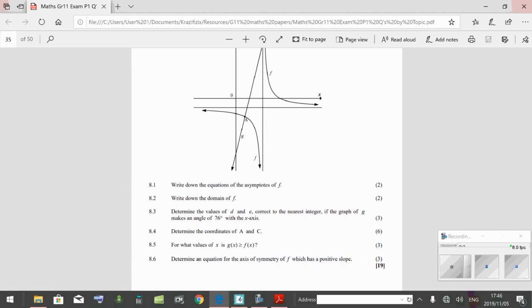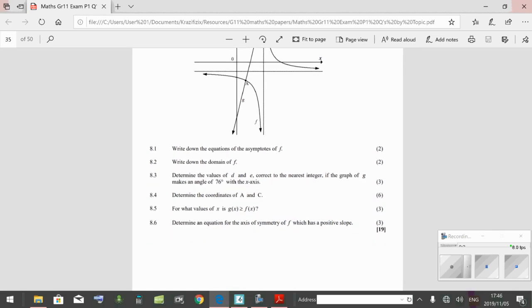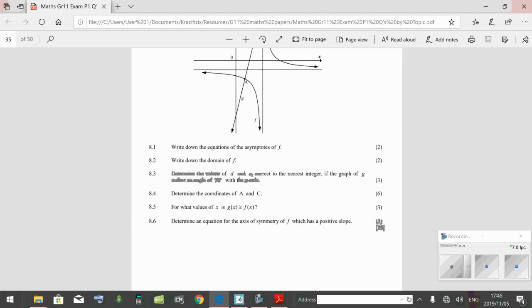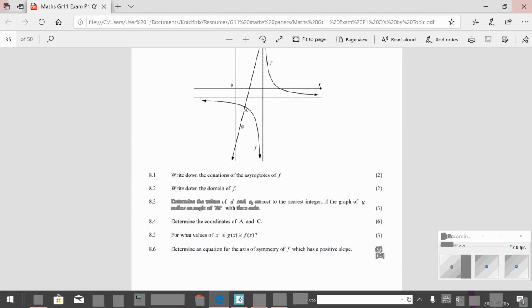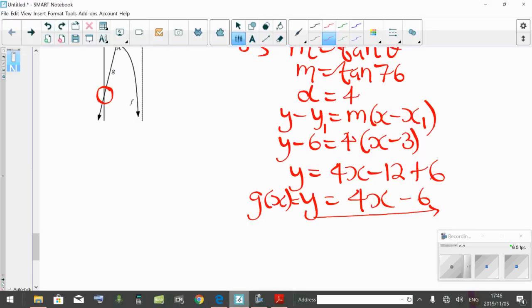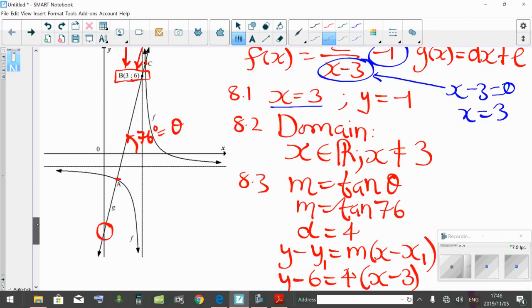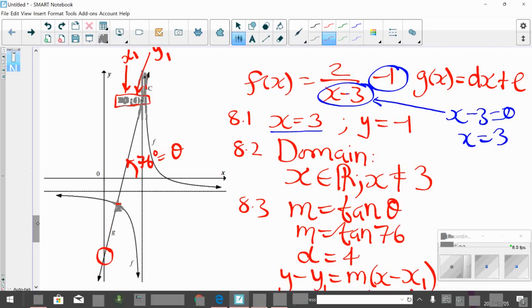Next question requires us to determine the coordinates of A and C. Let's go back to our graph and identify where A and C are. There's something special about A and C. Like we said, these are the points of intersection between the two graphs.